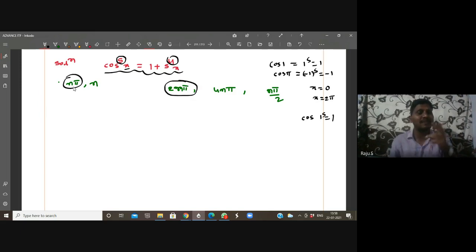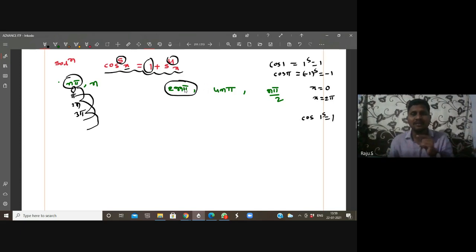N pi means plus or minus will repeat alternately. n equal to 0 gives 0, n equal to 1 gives pi, n equal to 2 gives 2 pi, 3 pi. So 0, 2 pi, 4 pi we get positive, but pi, 3 pi, 5 pi we get negative. But the right side is plus 1; we don't have minus 1.